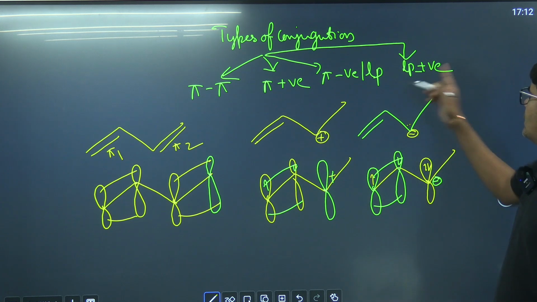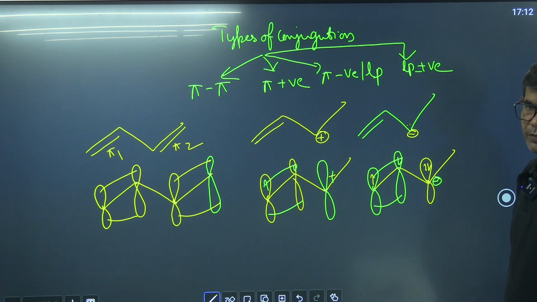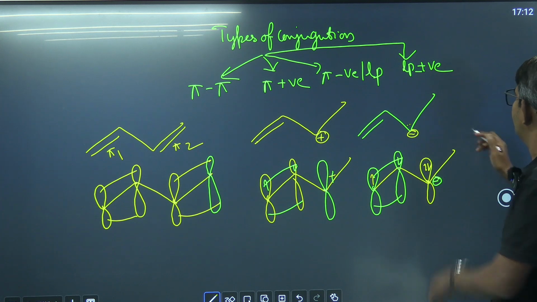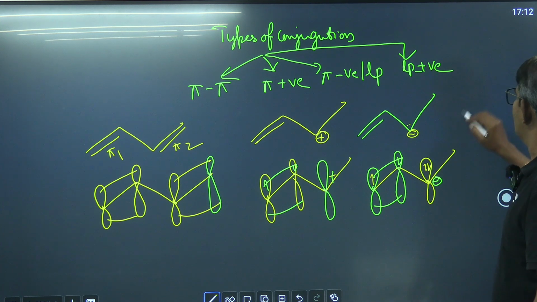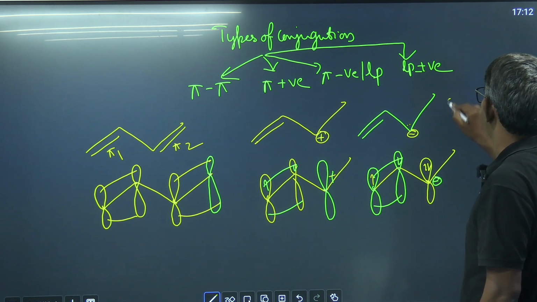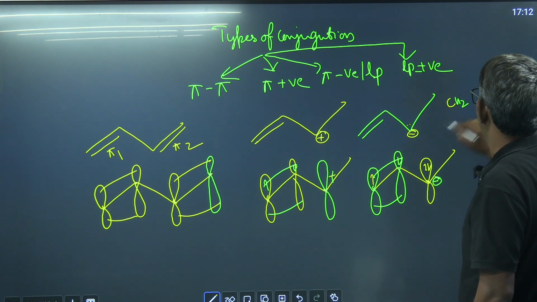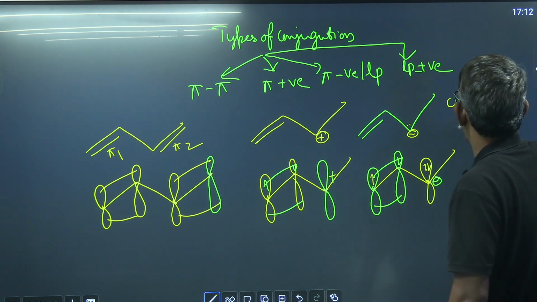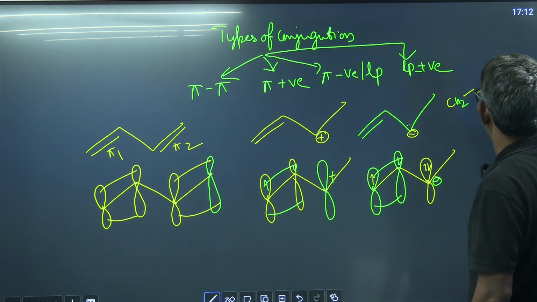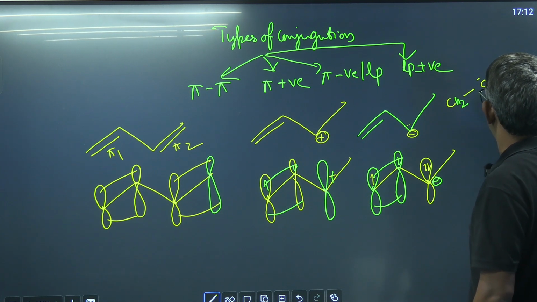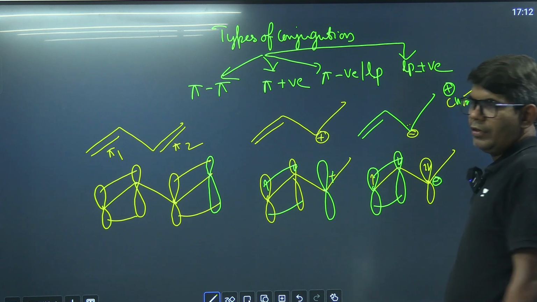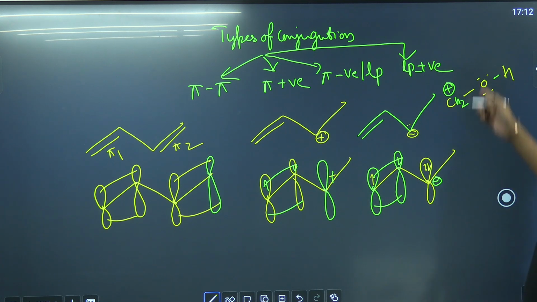Next, let us see lone pair positive conjugation. Say suppose you have an empty orbital on the carbon atom and you have a lone pair.